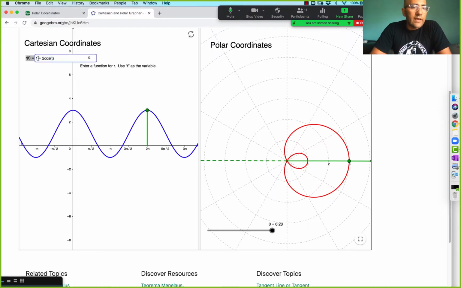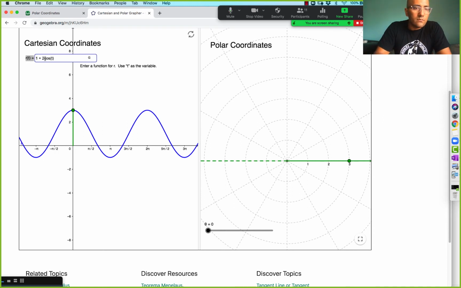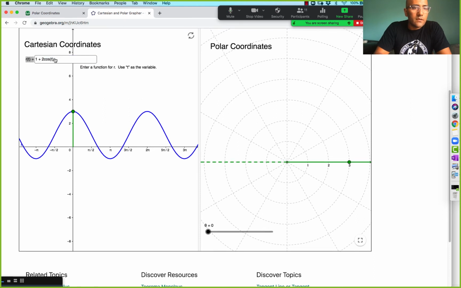So what would happen if we change this to this? Let's play around with some of these constants. What if this was a 3 and this was something like that? About 3 plus sine t.